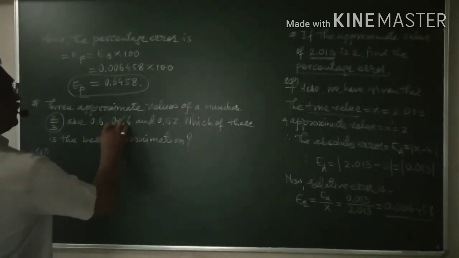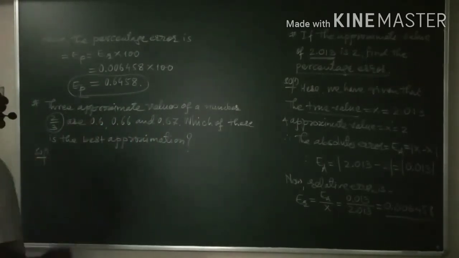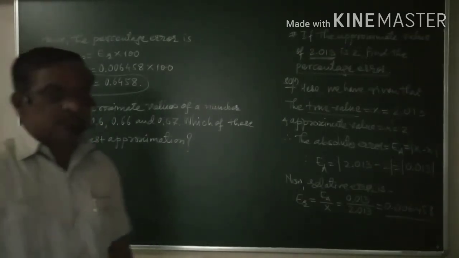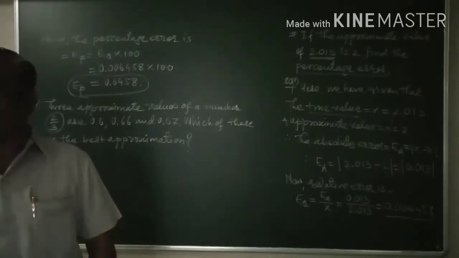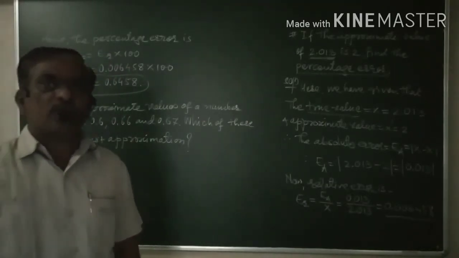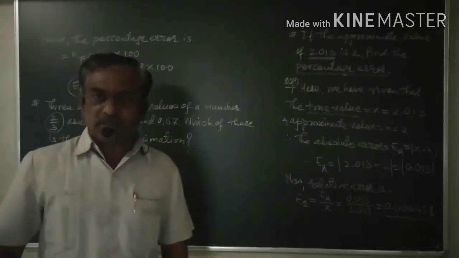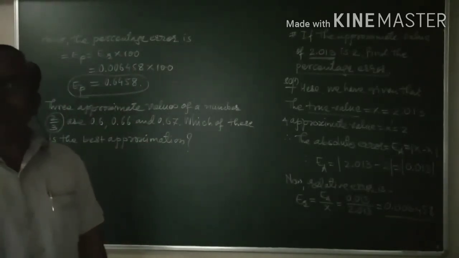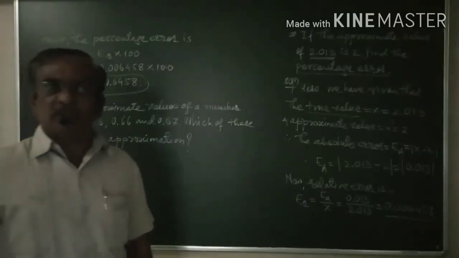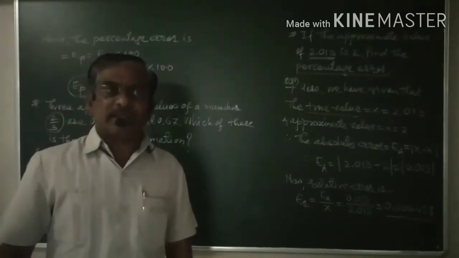As we learned in the very first lecture, throughout this whole chapter we are going to learn how to minimize the error. Whenever there is a minimum error, it will be the correct value.